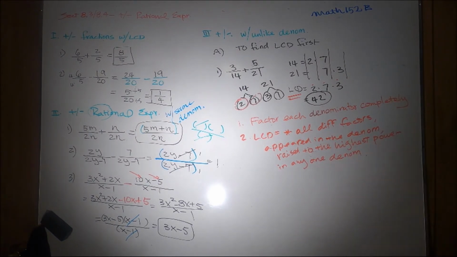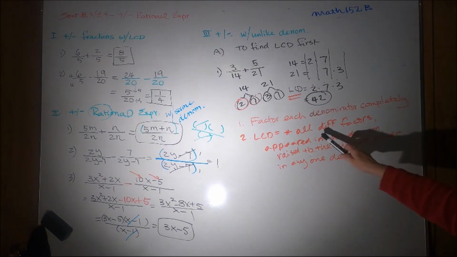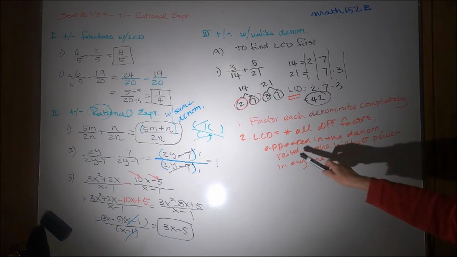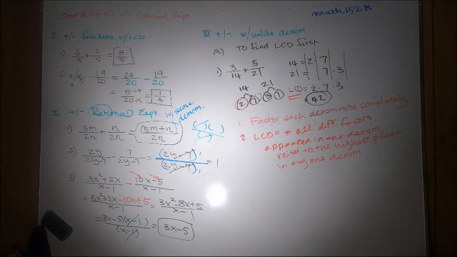Let's see what that means. Raised to the highest power in any one denominator. Otherwise, you multiply all the different factors that appeared in the denominators for both of them, right?